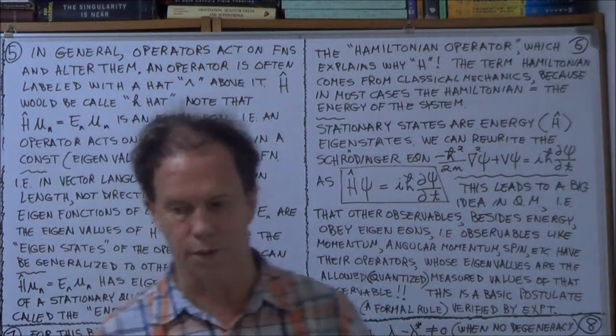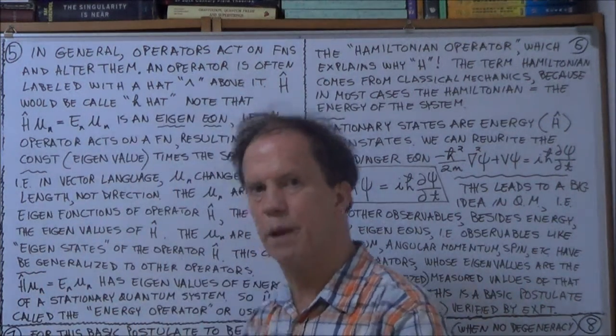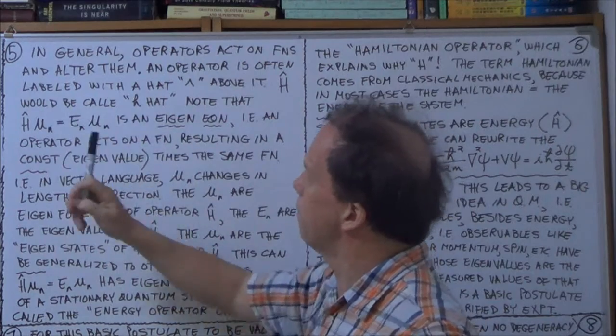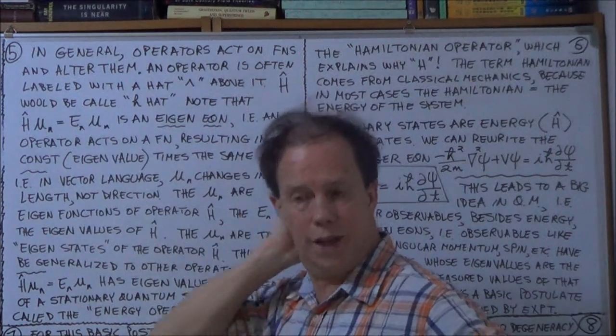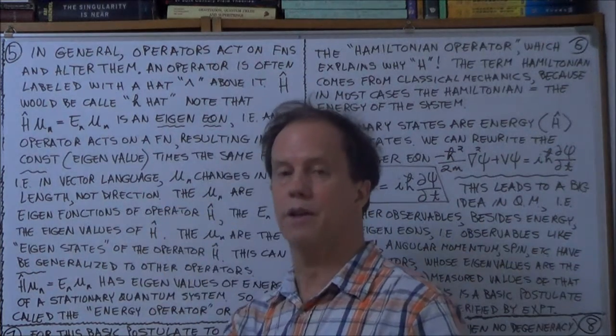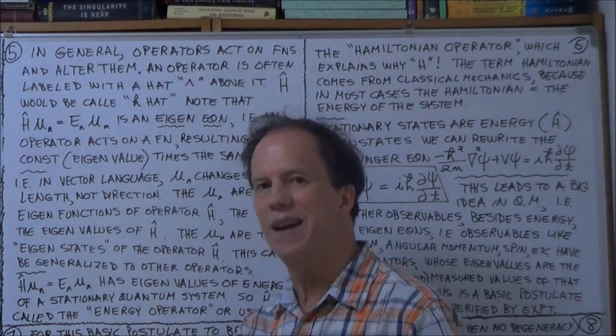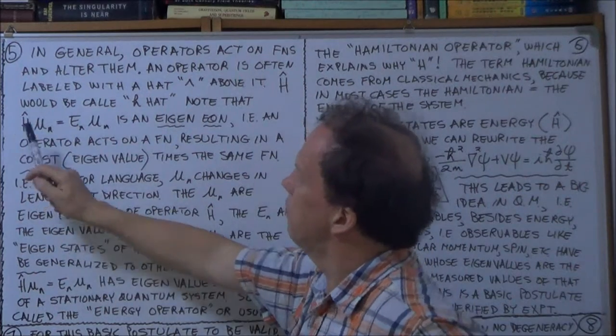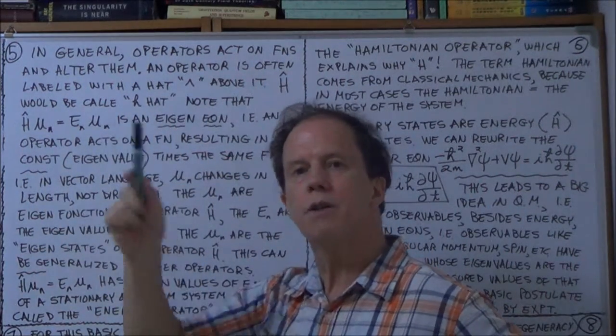So let me summarize it now. I'll spell it out more explicitly. Let's assume that this Eigen equation idea is valid for other observables. What does that mean? It means you'll have an operator for each observable.